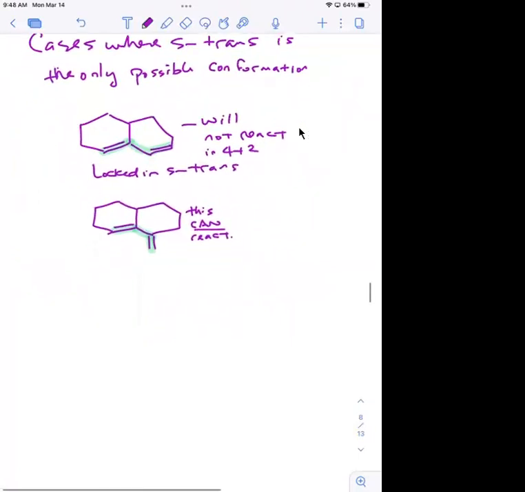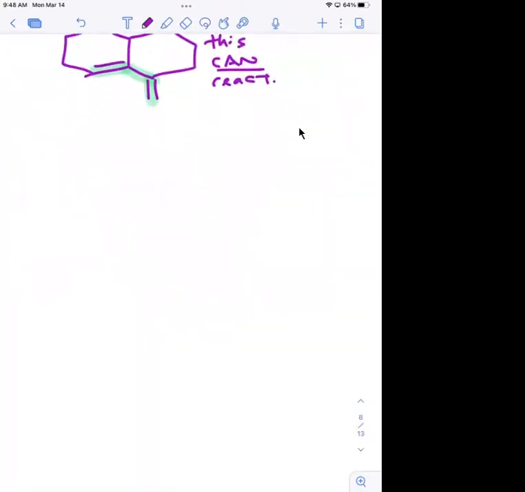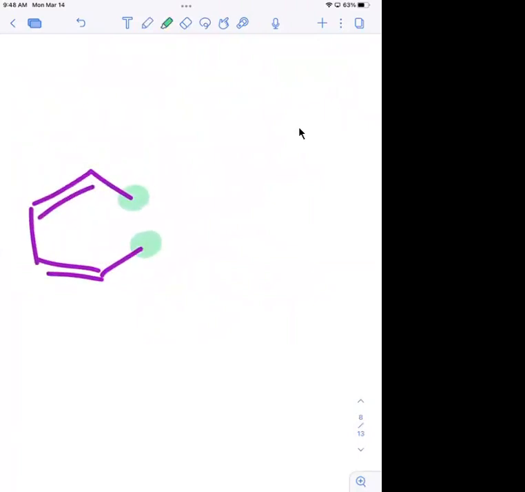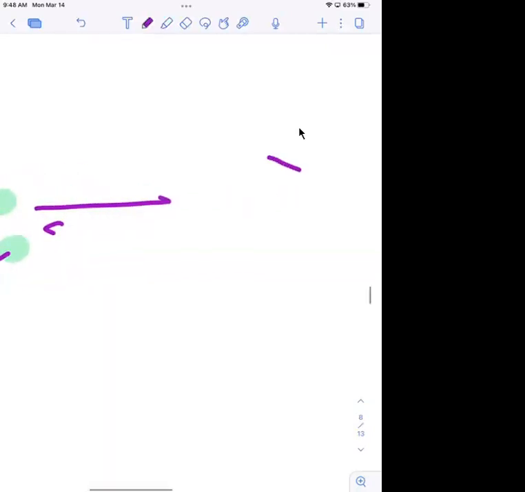Another example of where S-trans will be preferred, and the system will more than likely adopt the S-trans and not be able to adopt the S-cis, is a system like this, where you have these methyl groups right here, and they want to get away from each other. And so the equilibrium is going to lie way to the other side, and the S-trans is going to be the preferred conformation here.